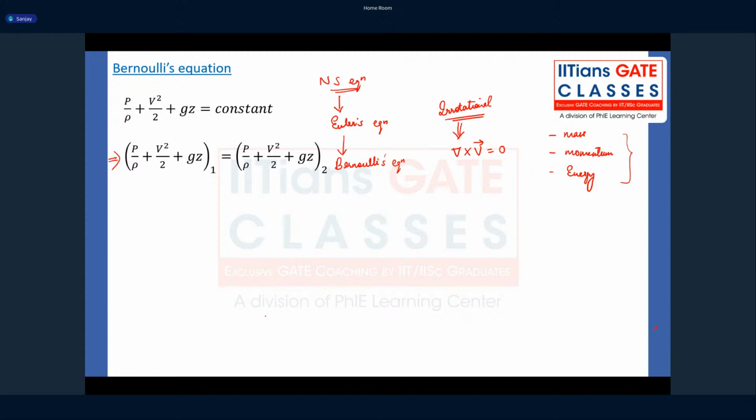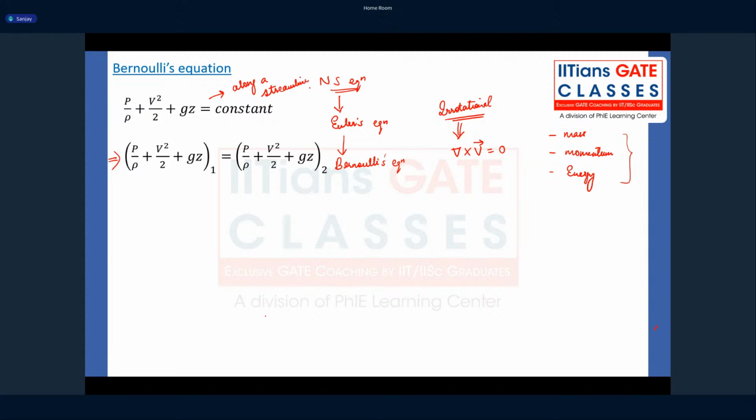This is one case. The other case, what if the flow is not irrotational but it is still incompressible? Then you can apply it, but only along a streamline. So the first form of Bernoulli's equation is applicable only along a streamline. Okay.